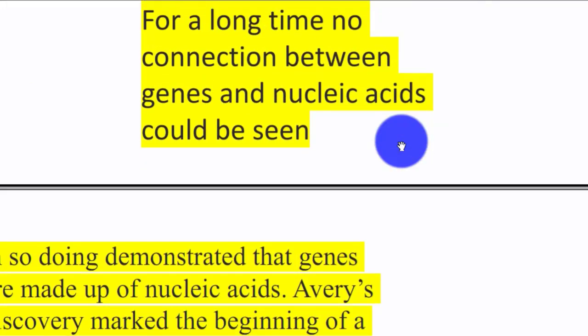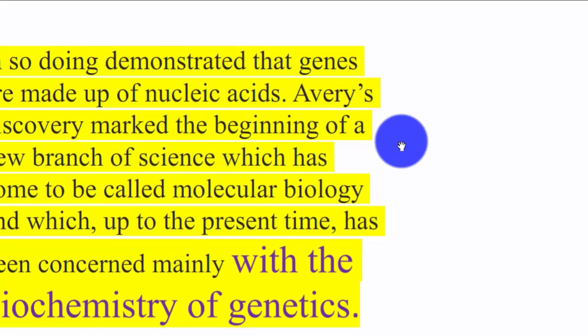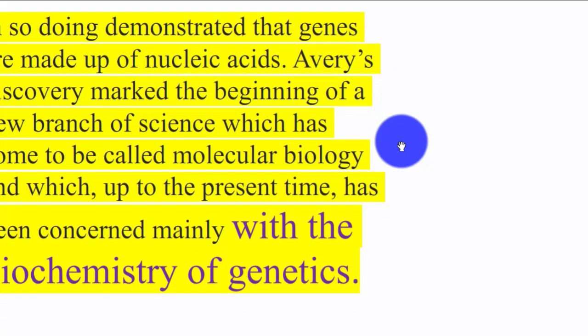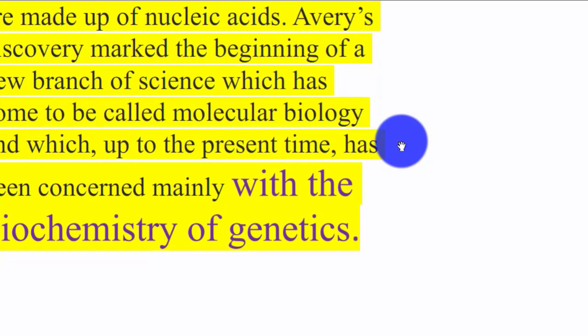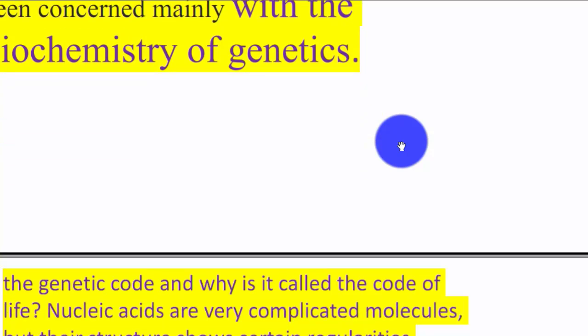For a long time, no connection between genes and nucleic acid could be seen. Then it was demonstrated that genes are made up of nucleic acid, which marked the beginning of the new branch of science called molecular biology, concerned mainly with the biochemistry of genetics.